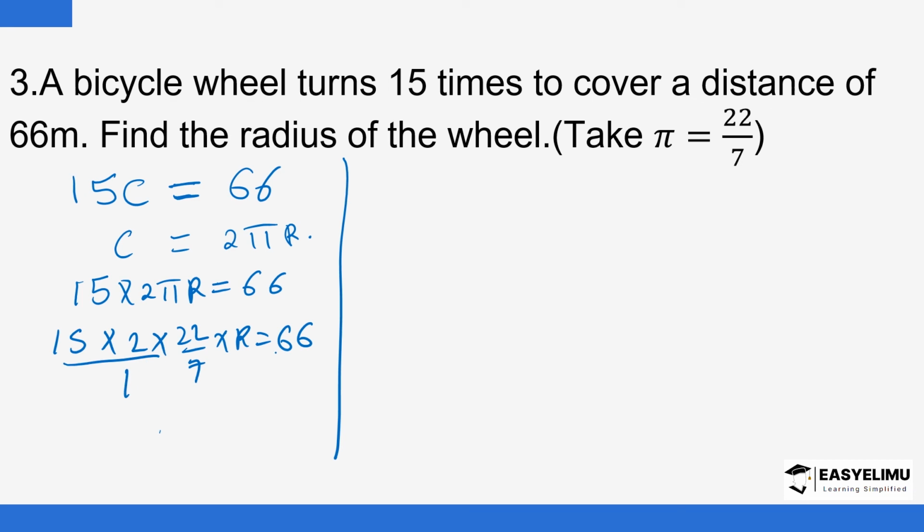So again, you can multiply the other side by the reciprocal of the coefficient of r. And therefore, what I will get as the value of r will be 66 times 7, and then you divide it by 15 by 2 by 22.